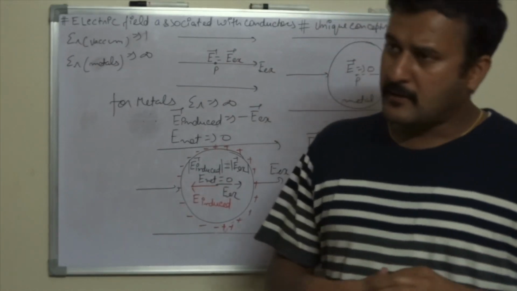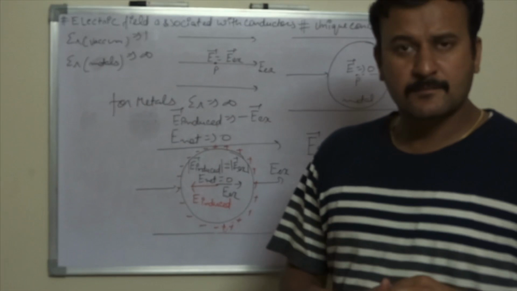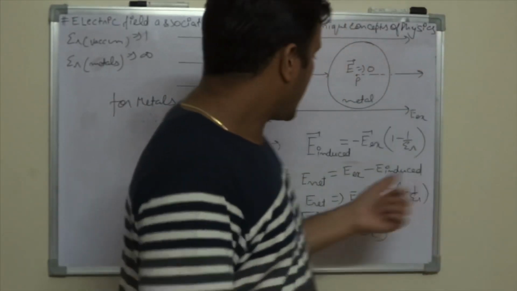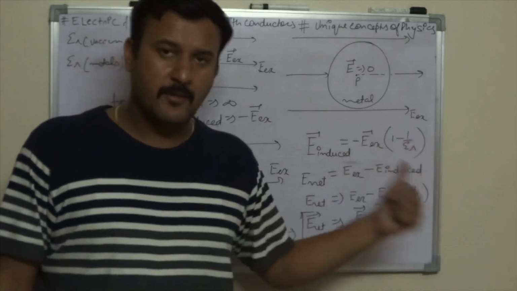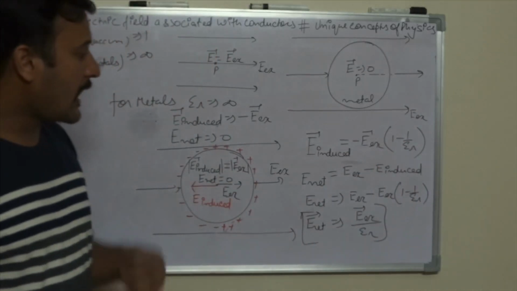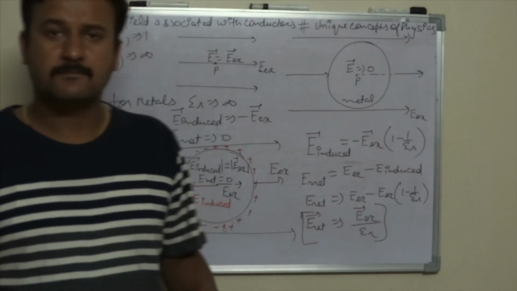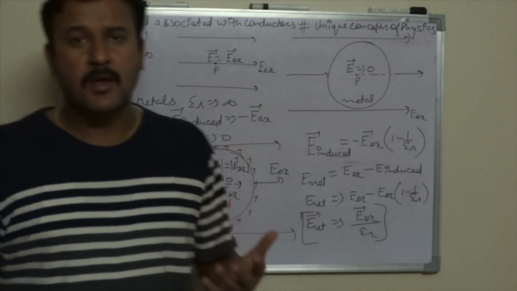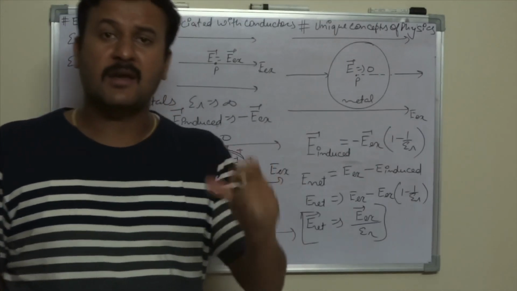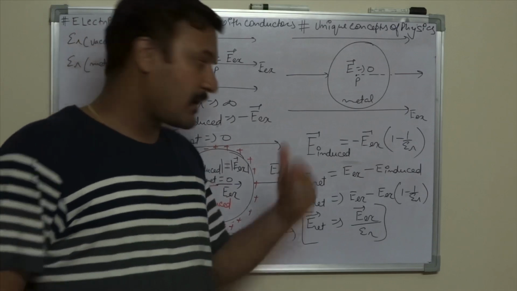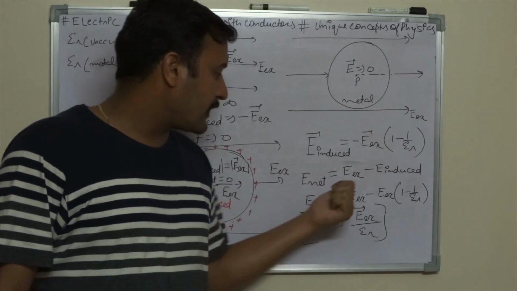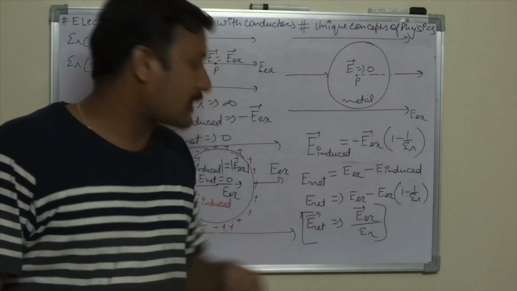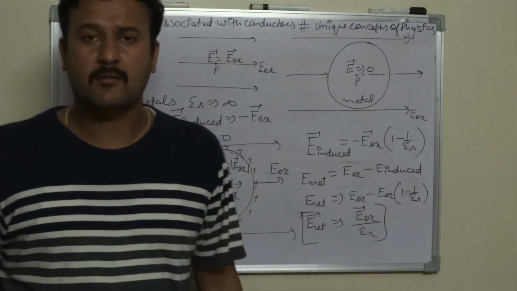So there is a unique relation: E induced is equal to minus E external times (1 minus 1 upon epsilon r). And if in any medium we wish to calculate the magnitude of the net electric field by this formula, we can write that the net electric field is equal to the external electric field minus the induced electric field.